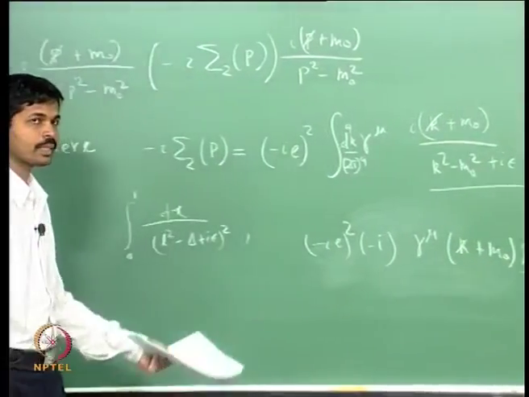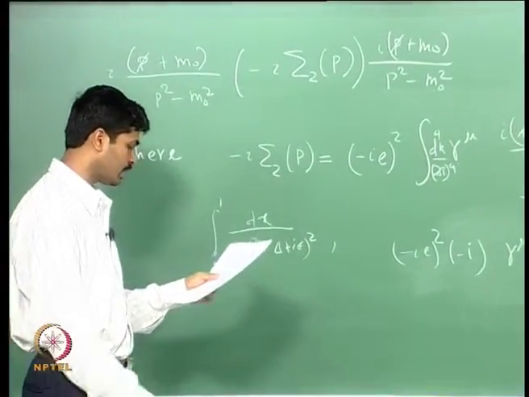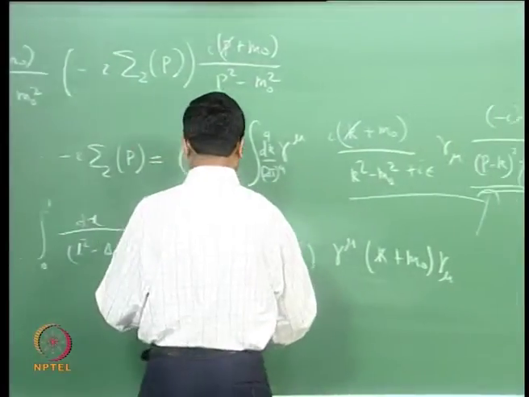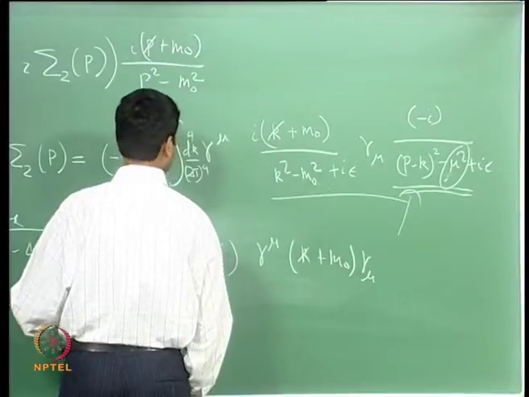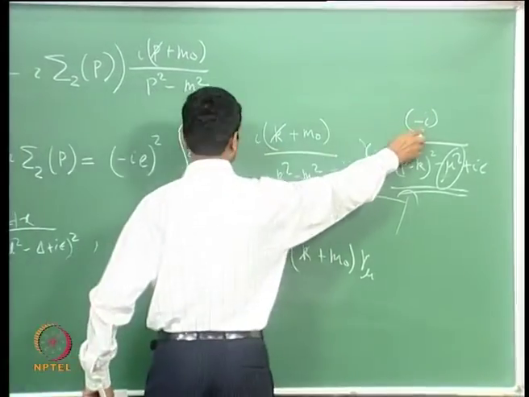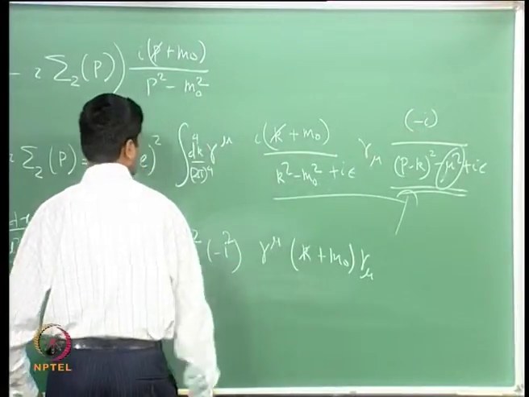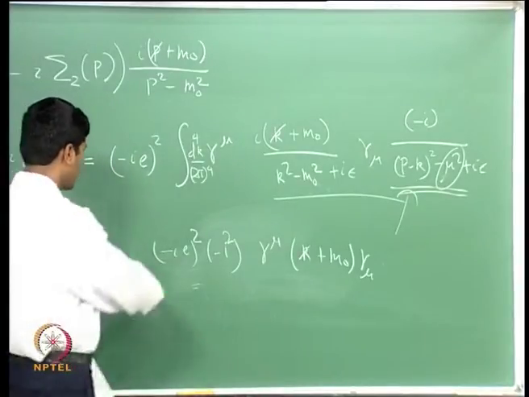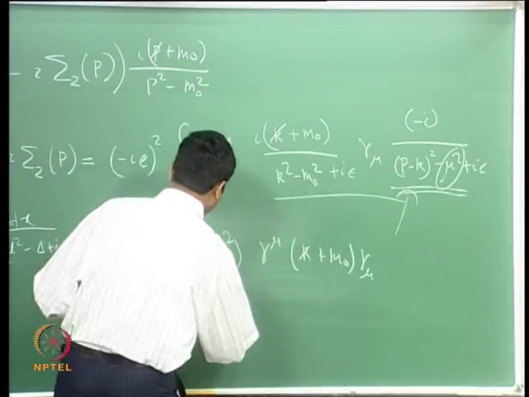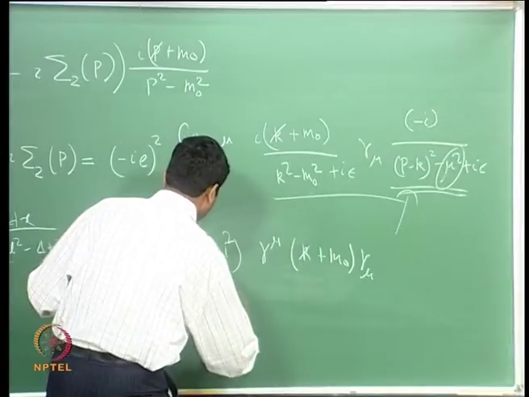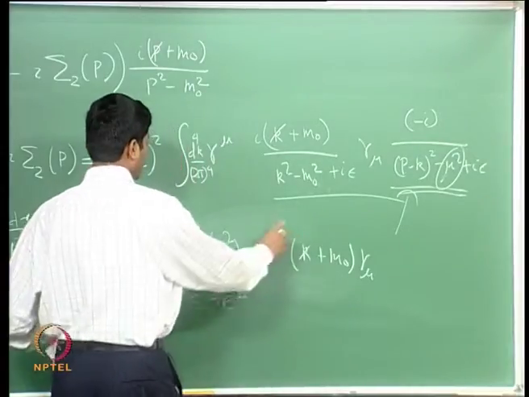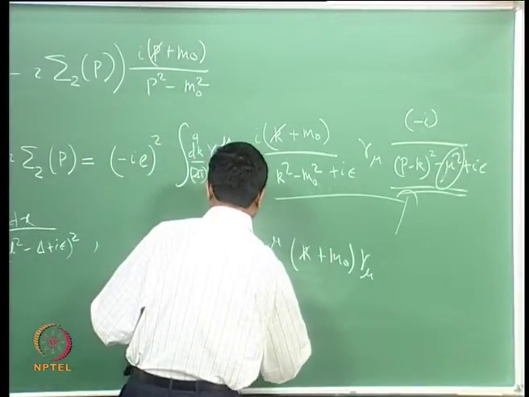We can simplify this, it is utterly straightforward, and you can see that you will get another minus i here. So, what I have is minus i square. So, totally you get minus e square and gamma mu.